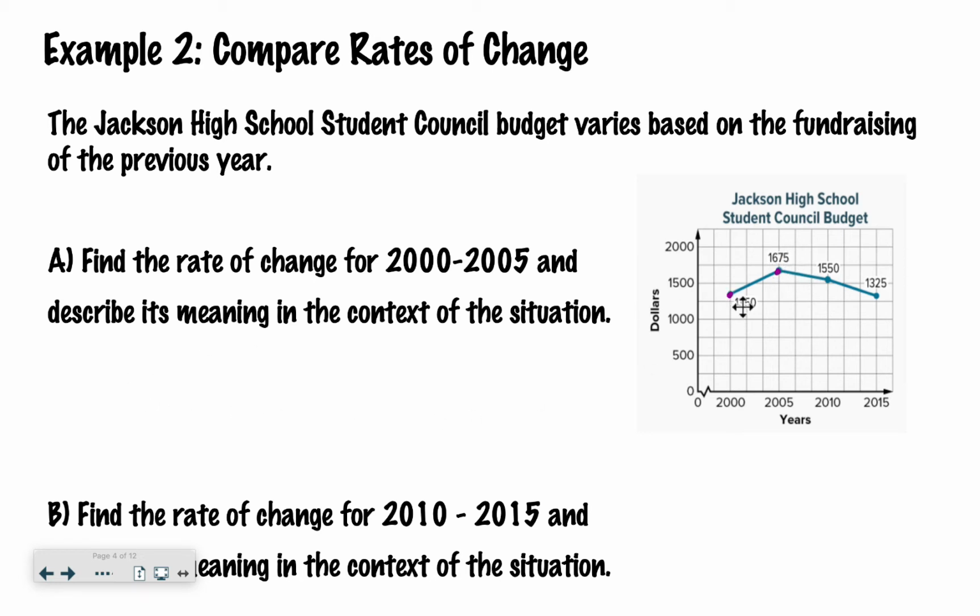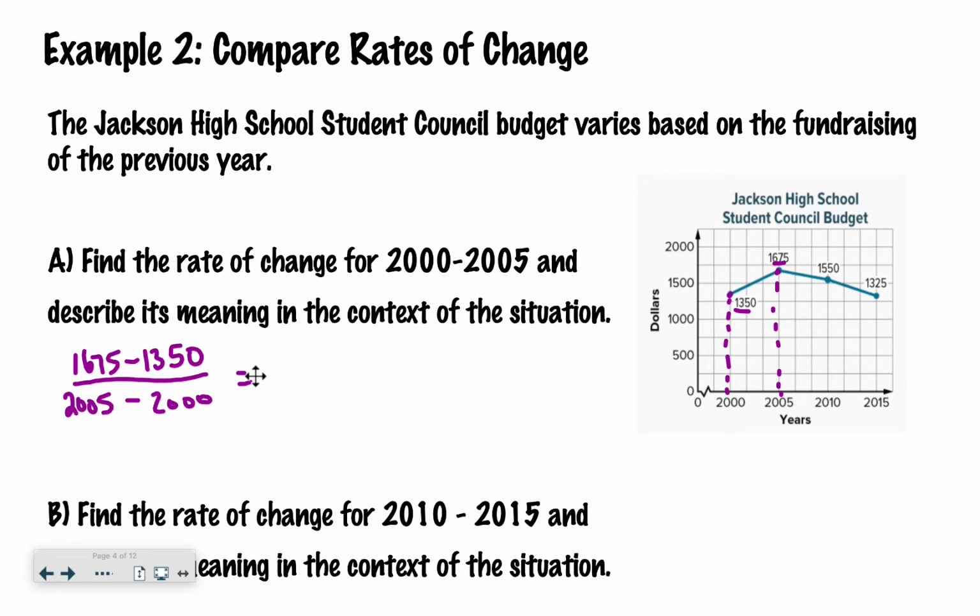So those two numbers are my y values. So I would say 1675 minus 1350 over, and then that 1675 was my 2005 year. So I would list 2005 first, and 1350 lined up with the 2000. So I'd put 2000 second like that.